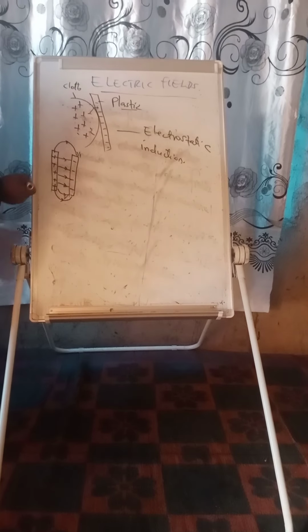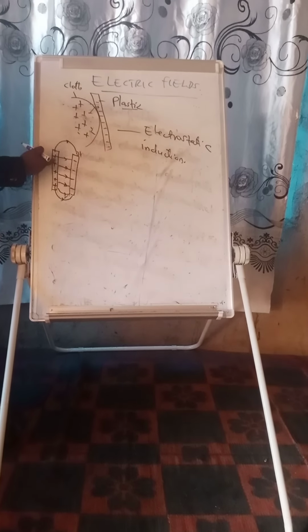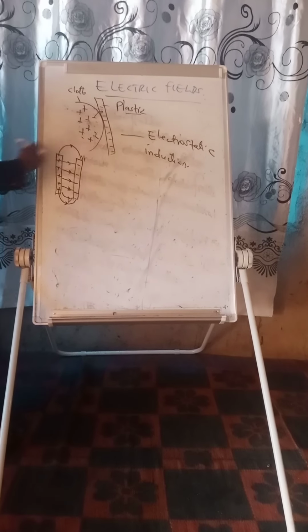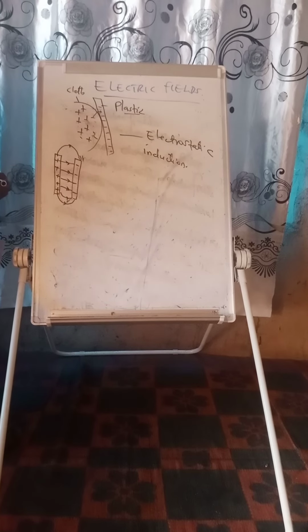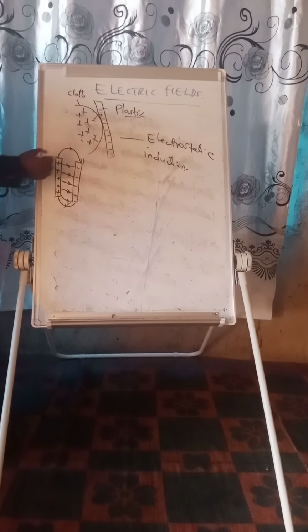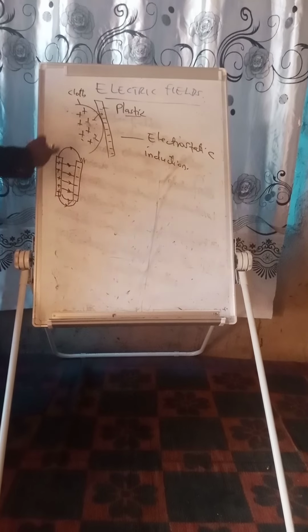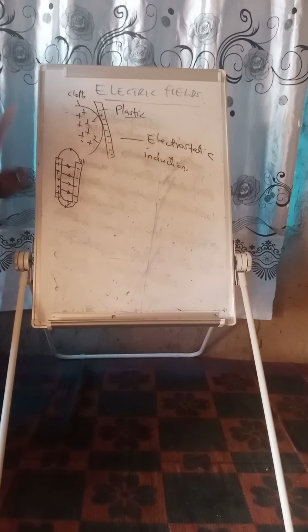The arrows show that the field lines are coming from positive to negative, and this direction also shows the direction of force. These arrows show the direction of force, and always they are coming from positive.